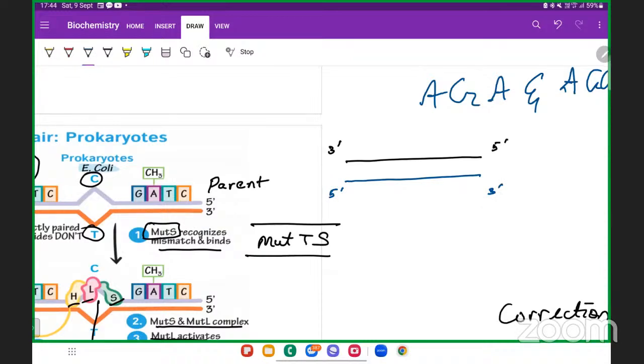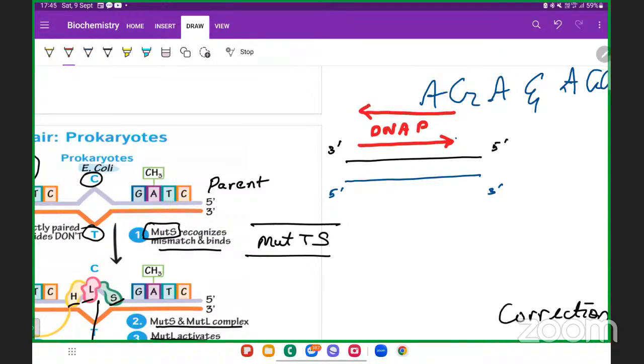Now, what you have to understand is, the DNA repair mechanism usually goes in the direction of 5' to 3' with respect to that of your parent. DNA polymerase goes in the direction of 3' to 5', as we have studied. Similarly, your repair mechanism goes in the direction of 5' to 3', as given in your book.